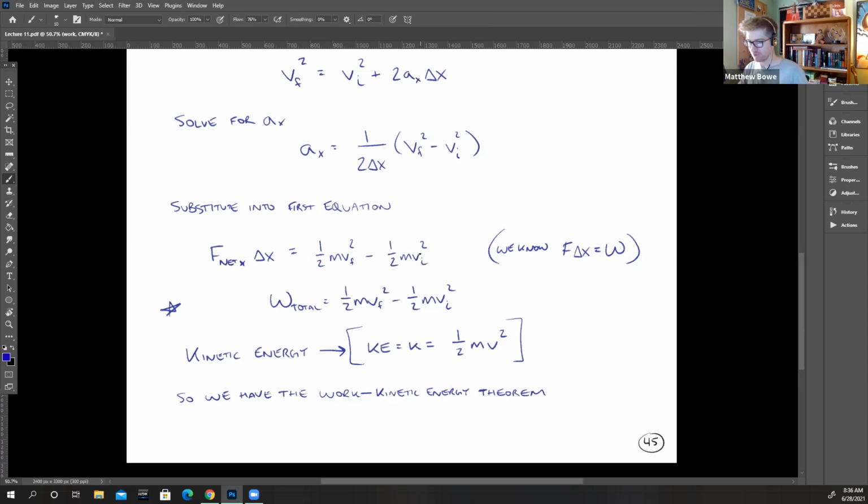It's more dramatic with a rocket. It's burning up a lot of the mass as it propels itself. In this case, I'll just say work total is equal to the change in kinetic energy. We'll say delta K. We'll keep it as just K because that's how your book has it right now.